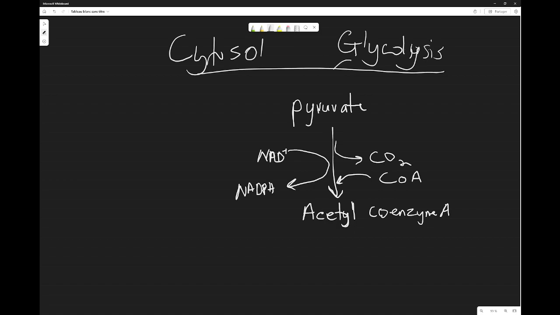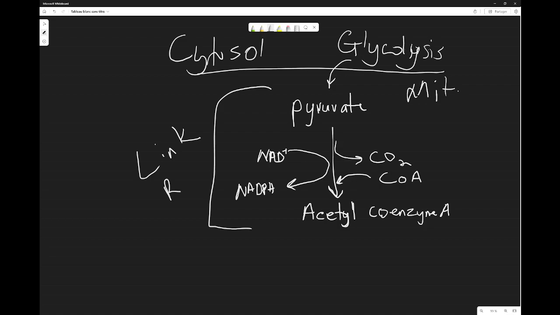Right? And it produces pyruvate, right? And this happens within the mitochondria. Right? So all of this happens in the mitochondria. The link reaction, right? And the eventual Krebs cycle.